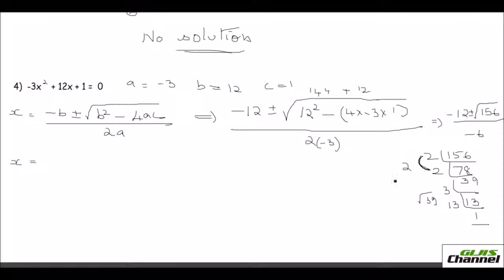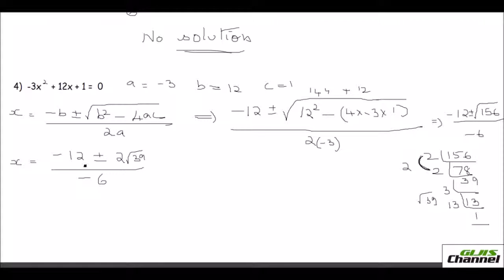So here my answer is minus 12 plus or minus 2 root 39, this 156 becomes 2 root 39, over minus 6.